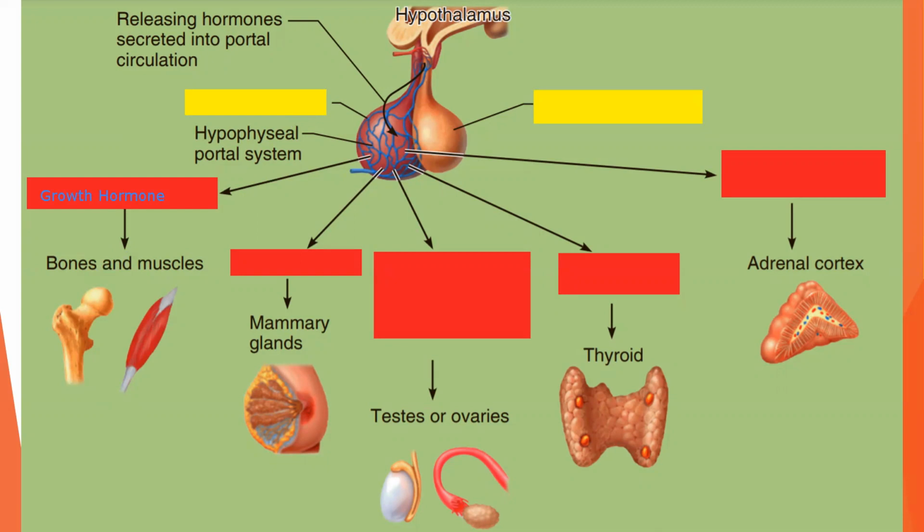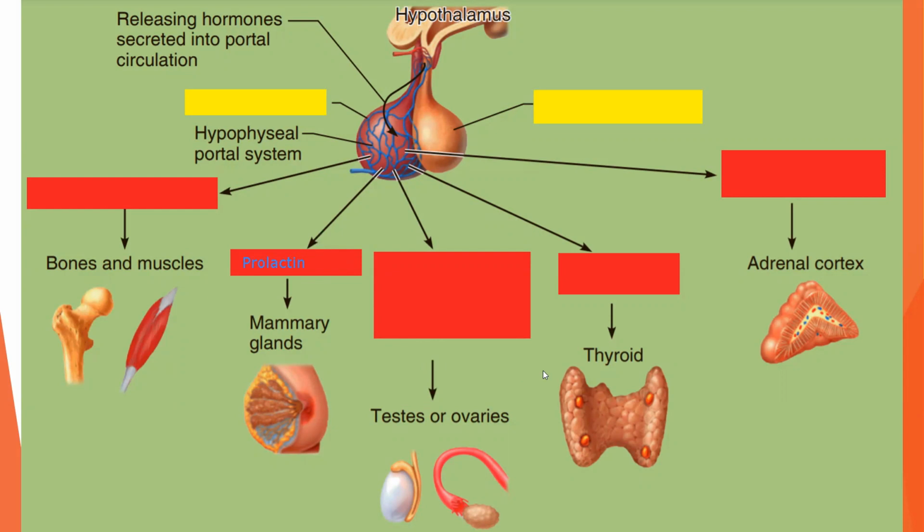Let's proceed to the next one. What hormone secreted by the anterior pituitary gland is responsible for activation of your mammary glands? Somebody from the group? Correct. So the hormone that activates your mammary glands to stimulate milk production is going to be your prolactin.